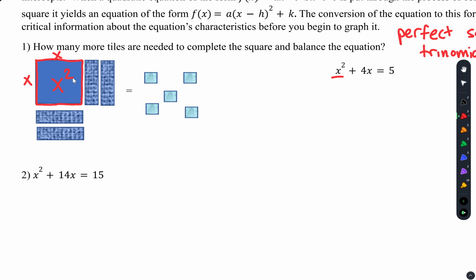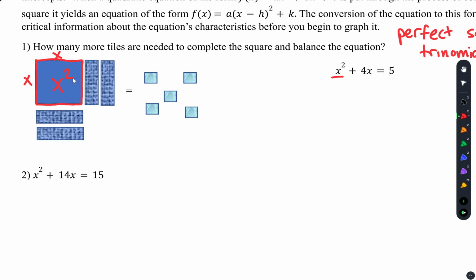And then I'm going to think of, okay, how do I fill in this gap right here? How do I get to a 4x? Well, I know that I'm going to need to add the same thing to itself. So to think about 4x, half of 4x is 2x and 2x. So each one of these little sections is 2x and 2x.